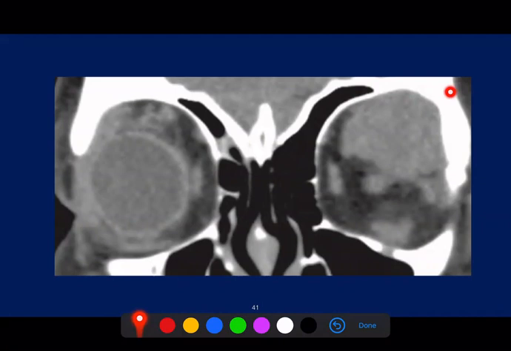You see this in extraconal cavernous hemangioma, benign lacrimal gland tumors, and also long-lasting orbital dermoid. So what's the most likely? You have a middle-aged female with almost a 9-month history of painless mass.